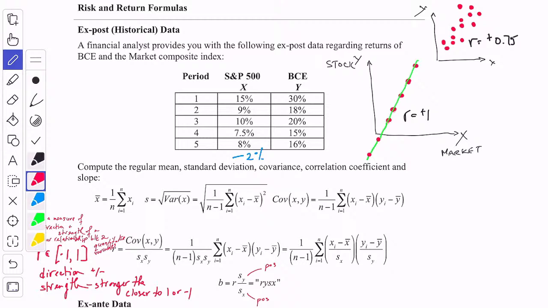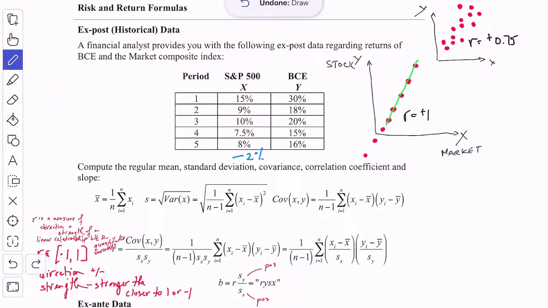I'm supposed to go through the origin with my data. So this line, the coordinate axis goes into the negatives. You can have negative returns.